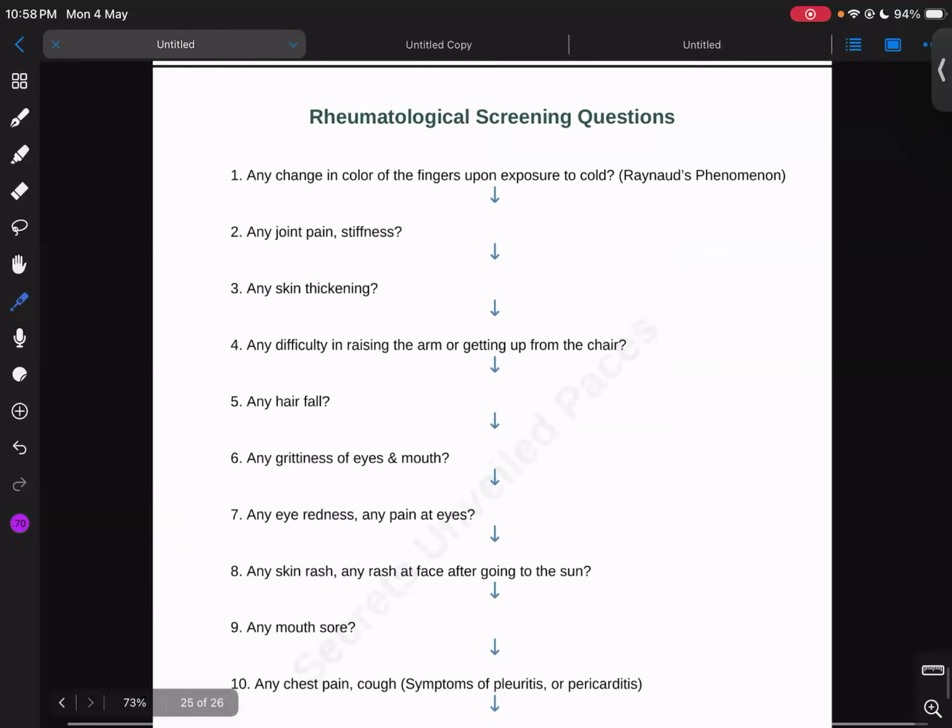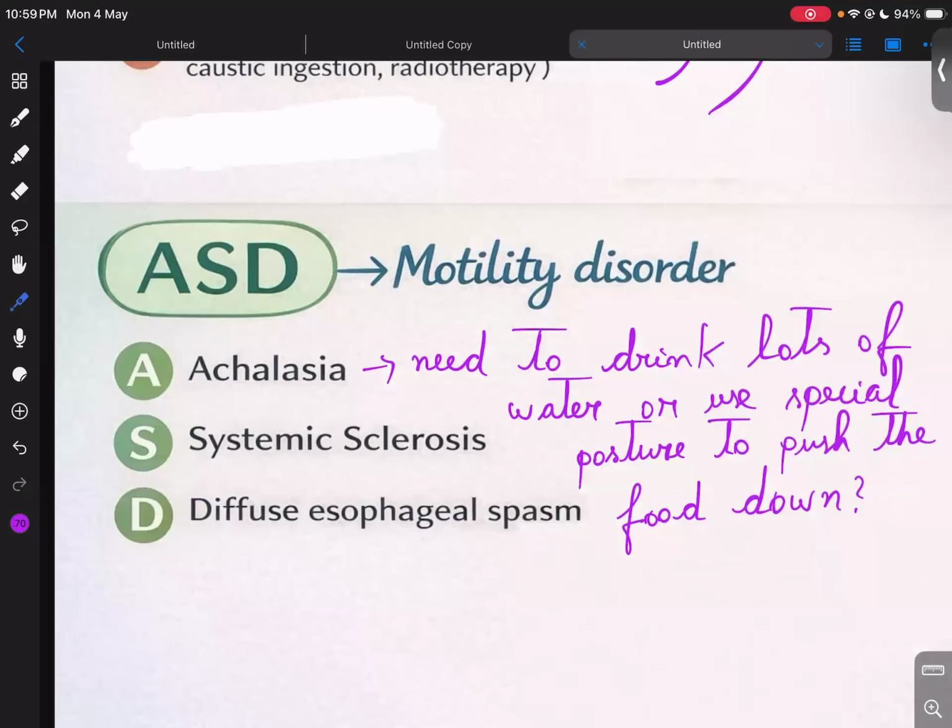These sets of questions will cover all the rheumatological diseases like SLE, systemic sclerosis, polymyositis, dermatomyositis, all that stuff. But the screening question for systemic sclerosis is any skin thickening. Do you have any skin thickening?